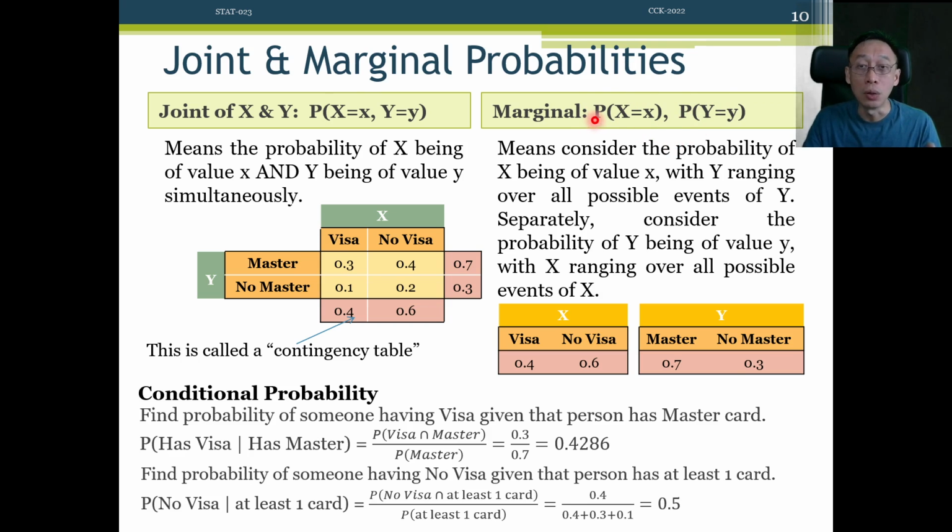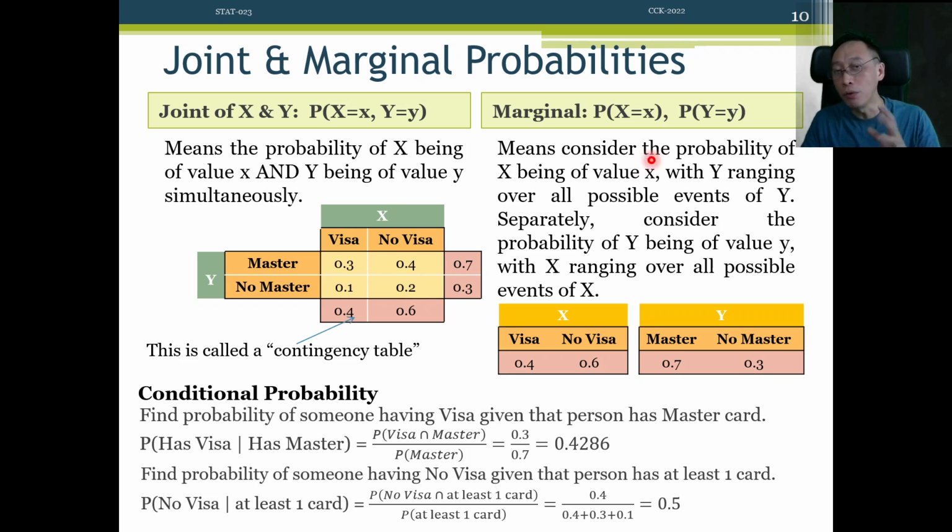So if you look at P of x equals Visa and P of x equals no Visa, that's just the usual probability, the count of x equals Visa, the count of x equals no Visa. So marginal probabilities are just our original understanding of the basic definition of probabilities, except we use the word marginal whenever we are talking about it in the context of a joint distribution.